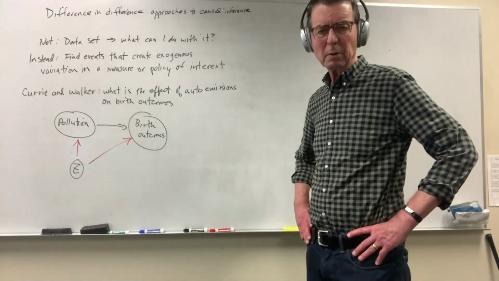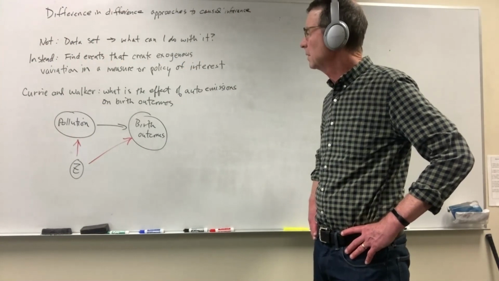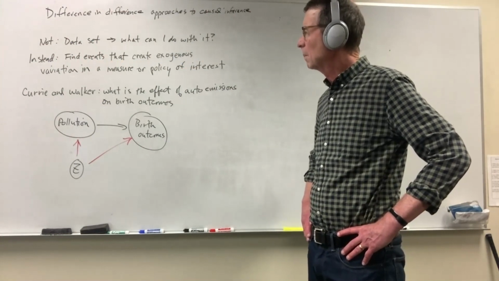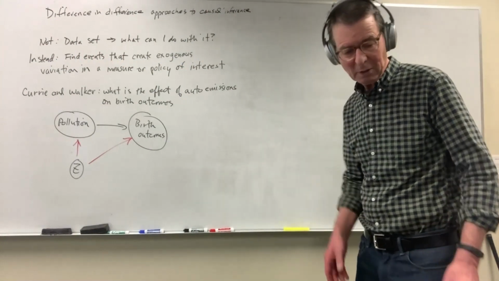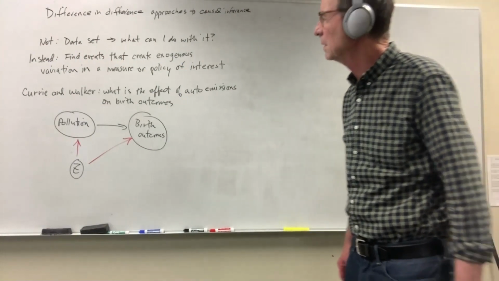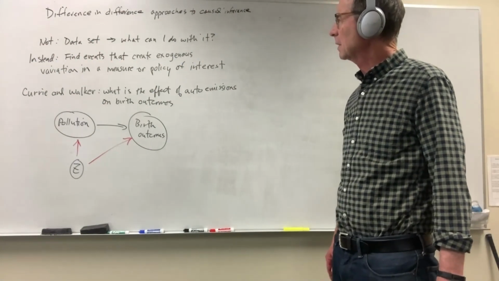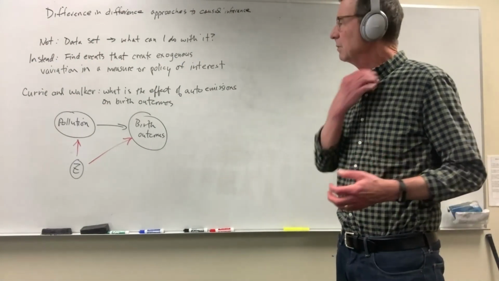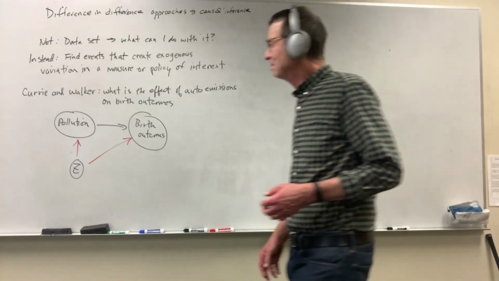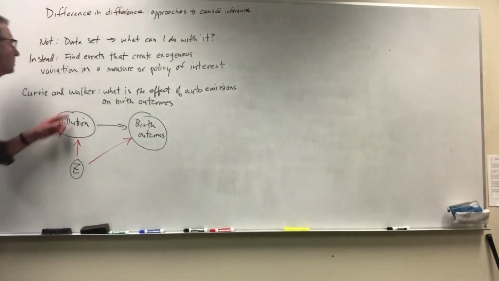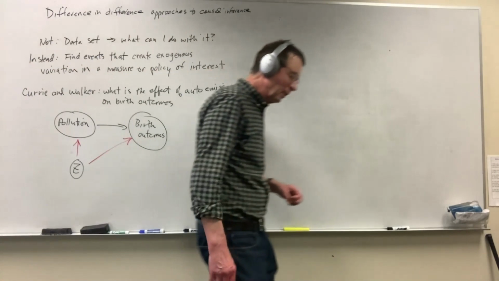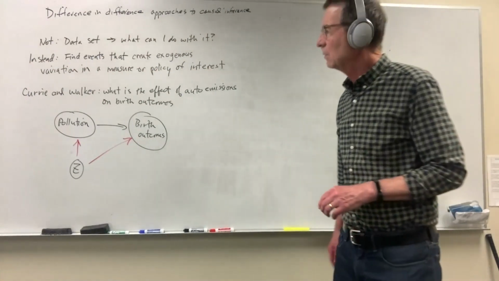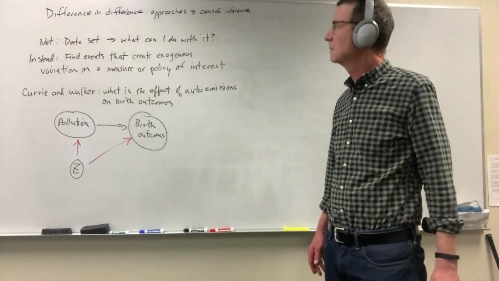So just to remind you from an earlier lecture, the usual sequence, and actually the one that many of you will follow for the class paper, is kind of turned on its head with these analyses. So typically, you start with a data set. Let's say it's a data set that you've got in a lab you're working with, and you start wondering, well, how can I use this data set to answer a question of interest?